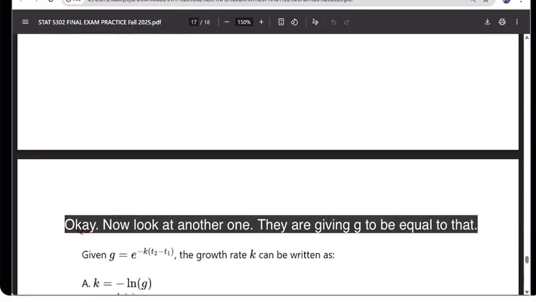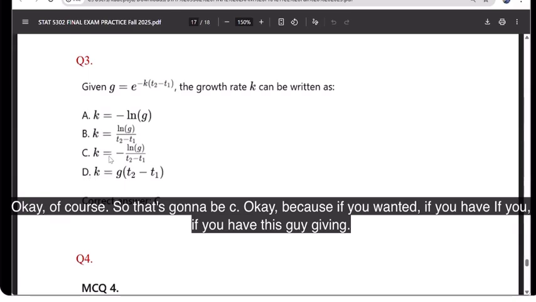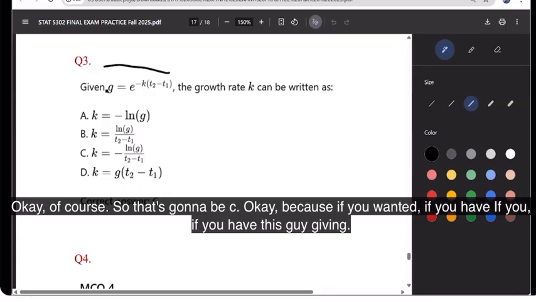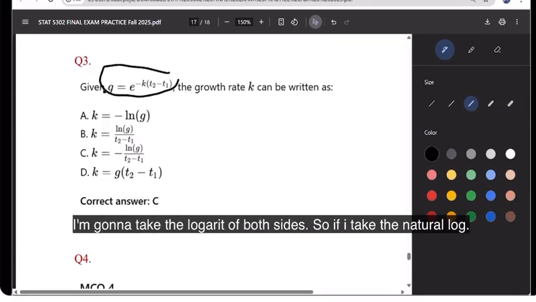Now look at another one. They are giving G equal to that. How can you solve for K? Of course, that's going to be C. If this is given and I want to solve for K, I take the logarithm of both sides.